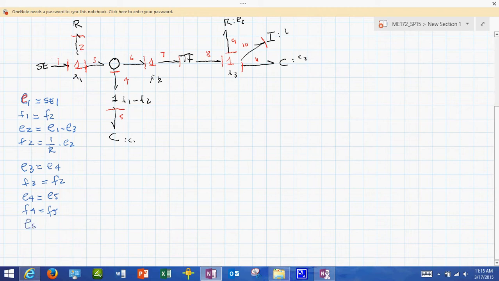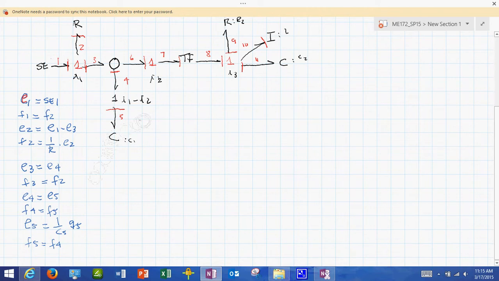What about E sub 5? It is equal to 1 over C sub 5 times Q sub 5. Then F sub 5 is equal to F sub 4.